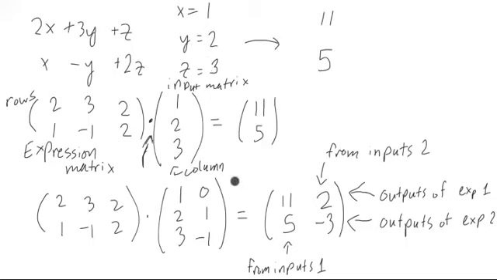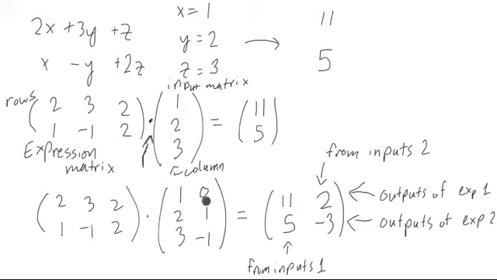Next, let's look at the same example, but let's give ourselves another input column. This column represents the inputs, x is 1, y is 2, and z is 3, just as we had before, and we plug those into each expression individually, and we should get out 11, 5, just as we did before.